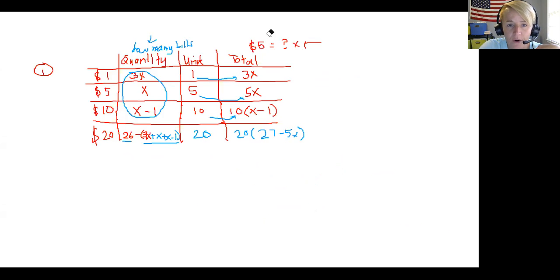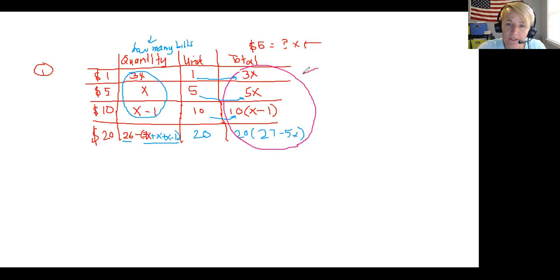Now that I have completed that much, I'm looking at this information in my total to build my equation. I want to go back to the value of everything. If you keep reading the very next line, it says, if the value is $120, find how many of each she has.